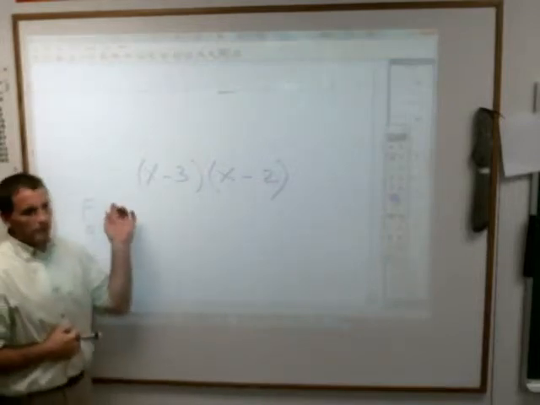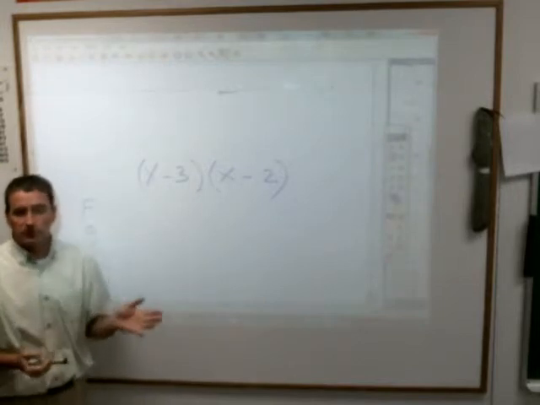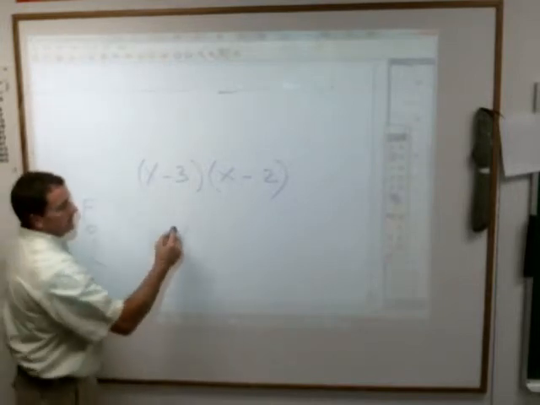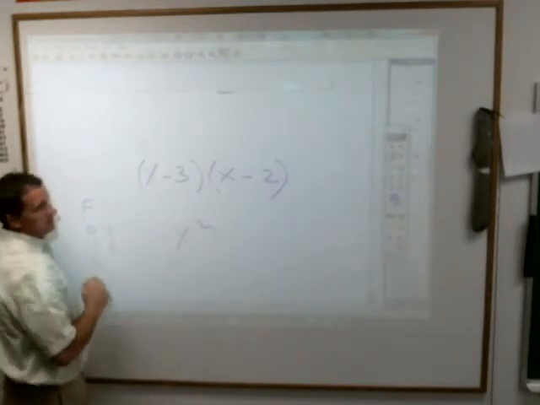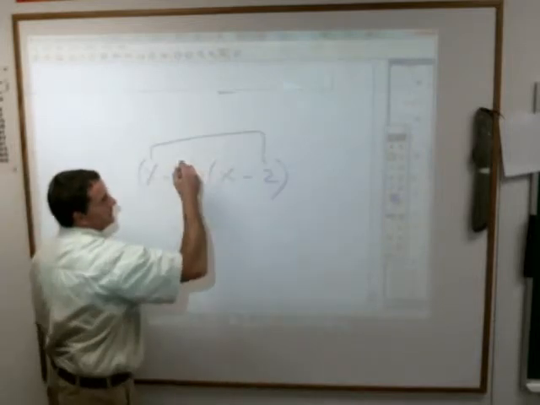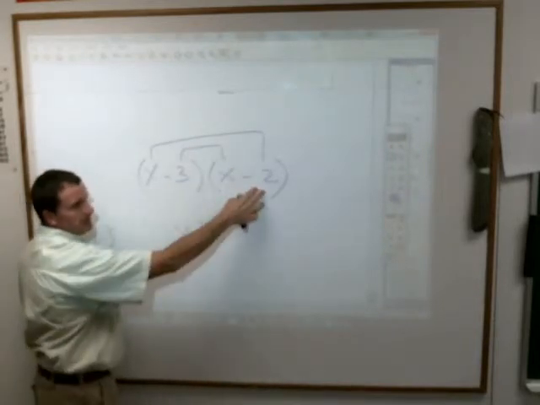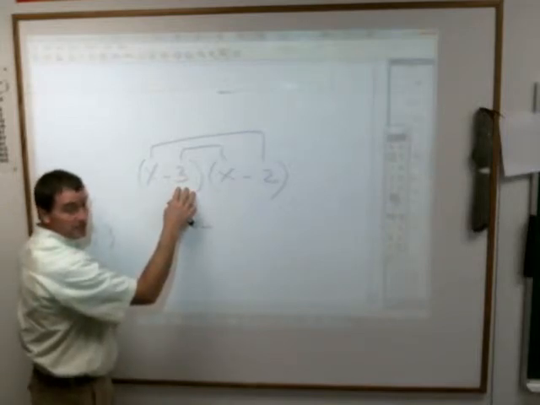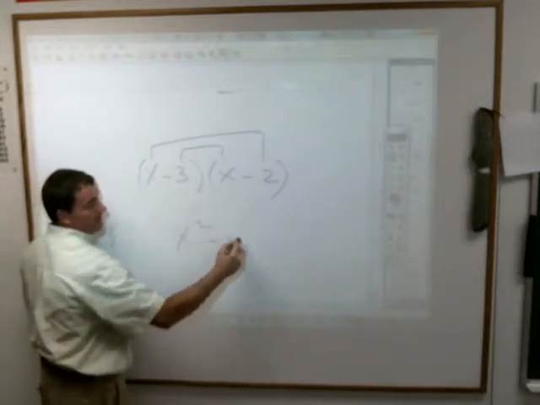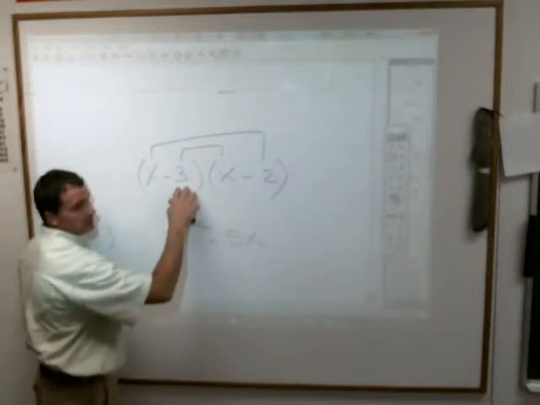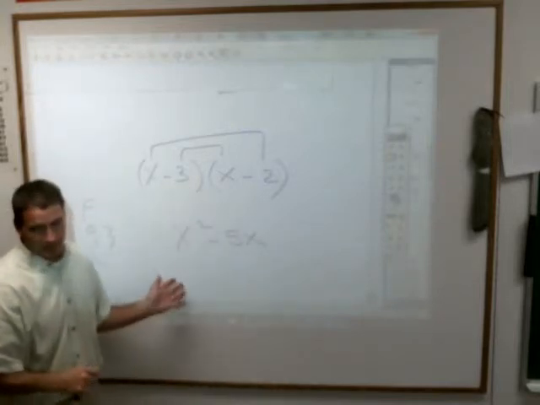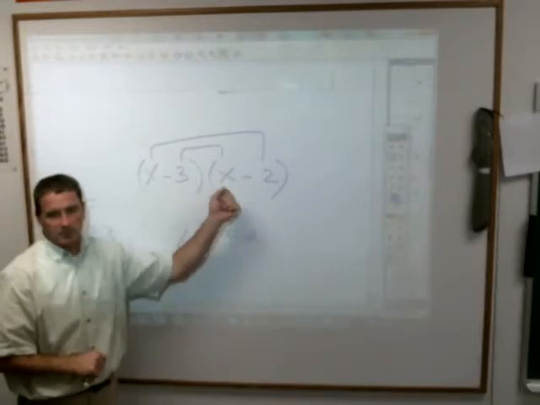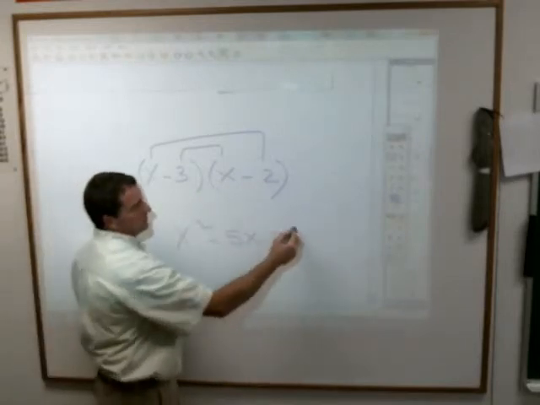My first term comes from what I get when I multiply the two first terms together. If I combine the outers and the inners, the outside ones give me minus 2x, the other one is minus 3x, for a total of minus 5x. Minus 3 and minus 2 is minus 5. And the last term comes from the two last terms multiplied, which is plus 6.